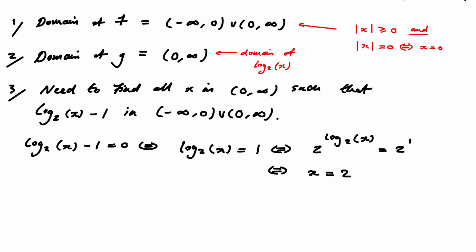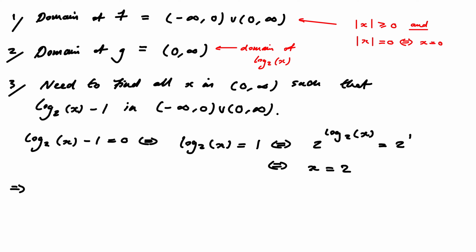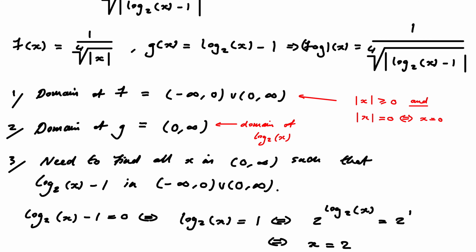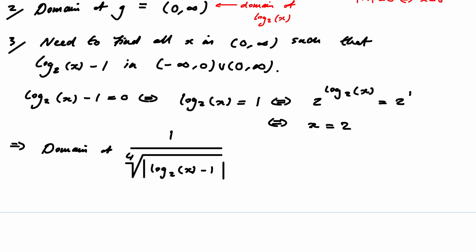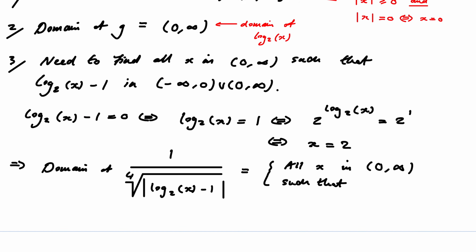So let's put all this together. This implies the domain of my terrifying expression here at the top is equal to what? First of all, we need to be in here. That's the domain of g. So this is all x in the interval 0 to infinity, such that, well, there's one more thing we need to avoid.